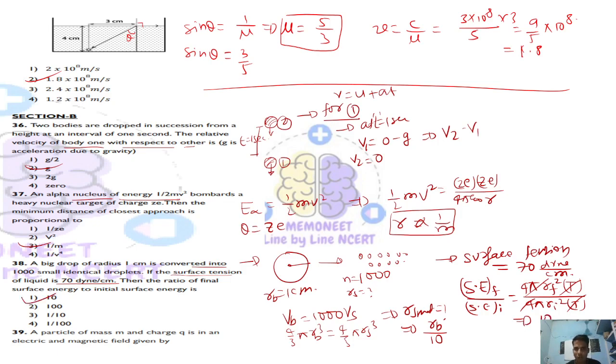That is option first. You simply know from here that r small comes out to be r big by 10, where r small is equal to r final and r big is equal to r initial. So once you put r final equal to r initial by 10, r final square is 1 by 100 of r initial square.